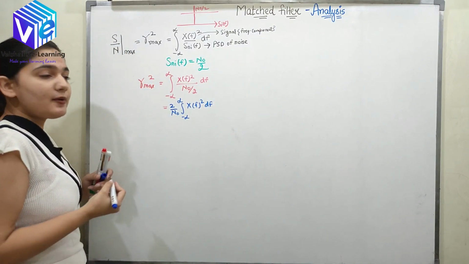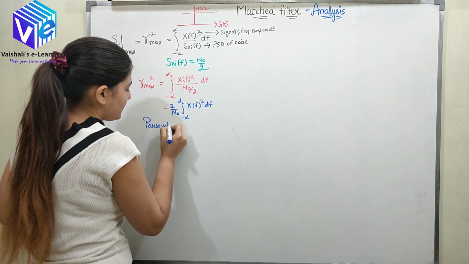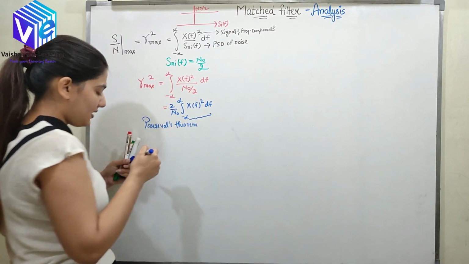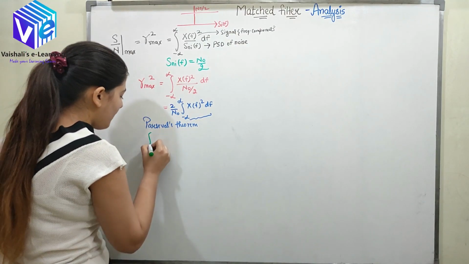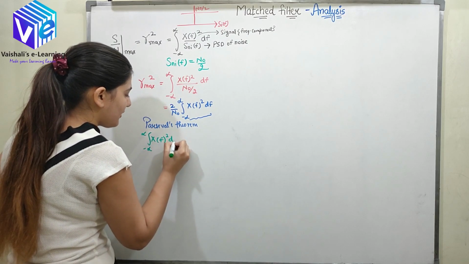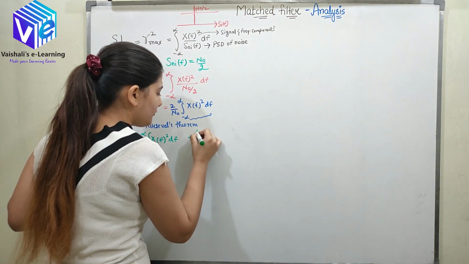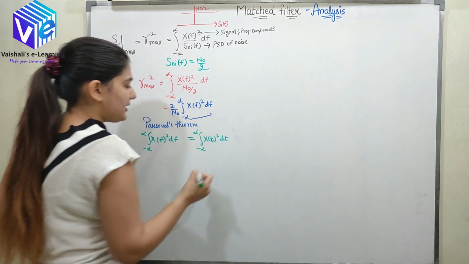Now I know Parseval's theorem. According to Parseval's theorem, I can evaluate this term. I need to find the integral from minus infinity to infinity of |X(f)| square df. According to Parseval's theorem, it is equal to the integral from minus infinity to infinity of |x(t)| square dt.